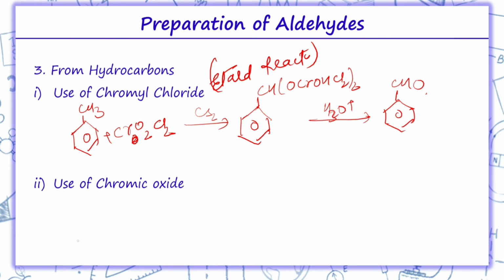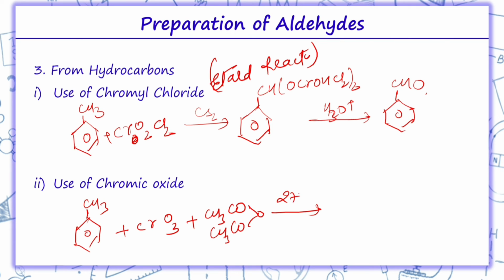Next is oxidation of methyl benzene only, but now by the use of chromic oxide, which is CrO3. Toluene or substituted toluene is converted to benzylidene diacetate, because over here we are taking acetic anhydride, (CH3CO)2O.